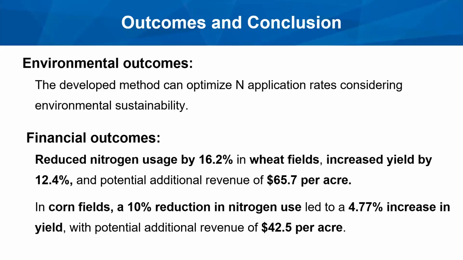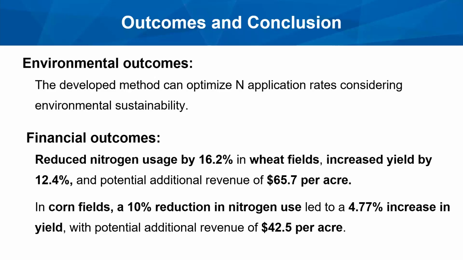For financial outcomes, by reducing nitrogen usage 16.2% in the wheat field, the yield increased 12.4%, and the potential revenue is $65 per acre. In the cornfield, we had a 10% reduction in nitrogen use, the yield increased by 4.77, and the potential additional revenue would be $42.5 per acre.